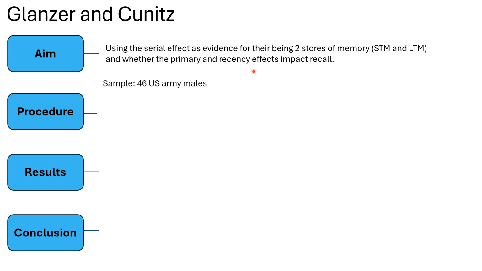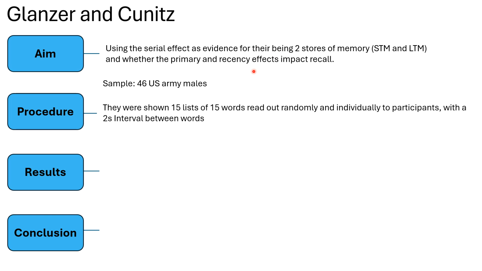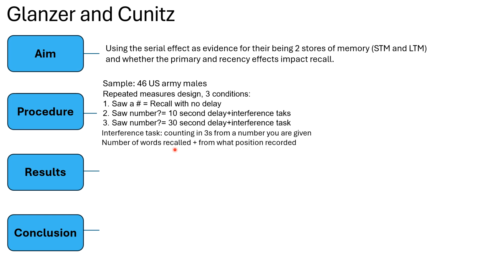Looking at the procedure, 46 US Army males were shown 15 lists of 15 words that were read out randomly and individually, very important, with a 2-second delay between words. They were allocated to the 3 conditions with a repeated measures design, so they experienced all of these conditions. If they saw a hashtag, they would recall immediately with no delay.